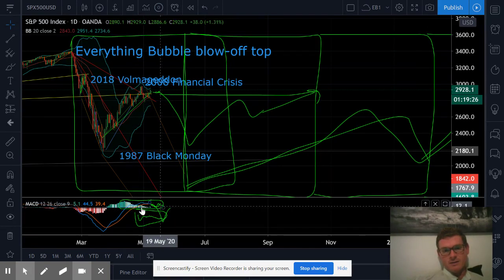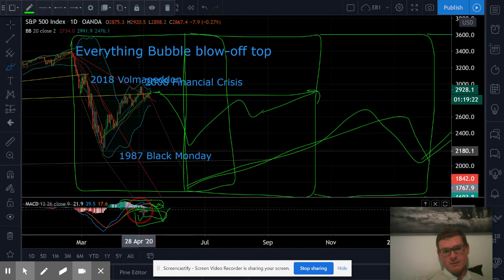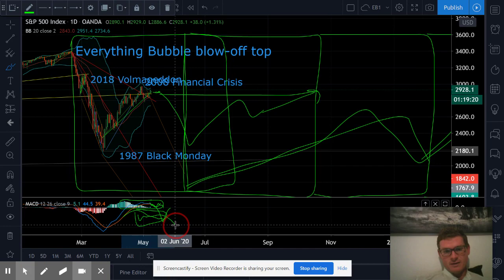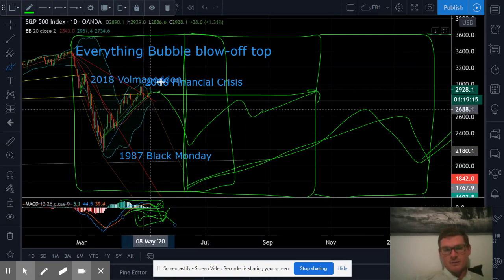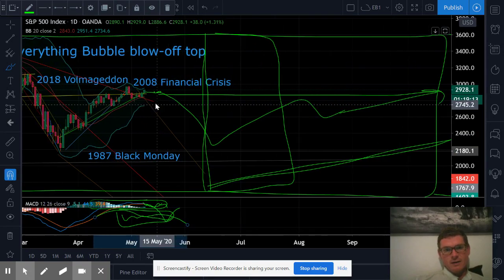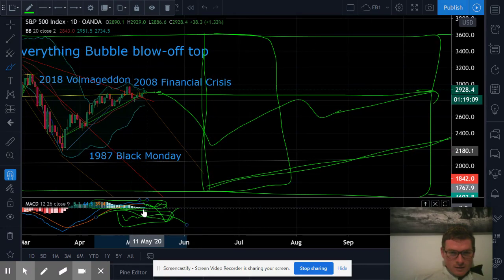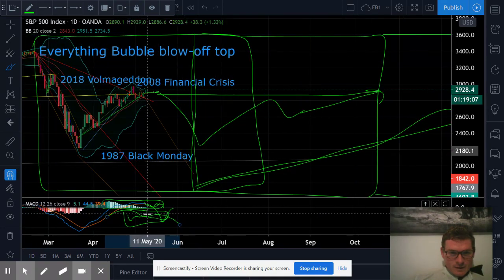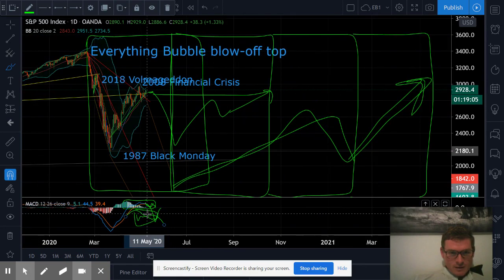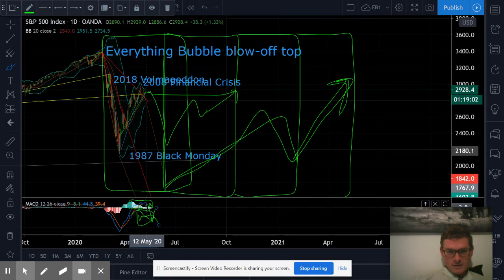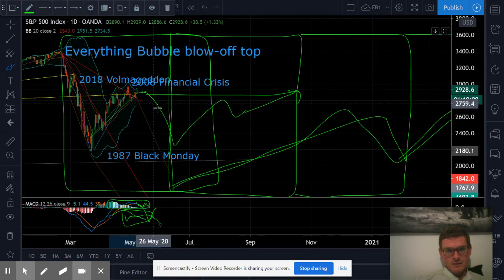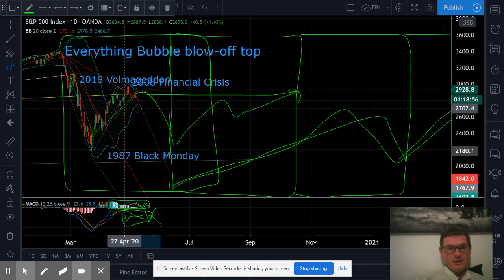We're on the top side of the MACD now. Usually, if you're going to get a big rip, the MACD will turn over down here and you just go down, down, down on the bear side. But we're up here on the bull side of the MACD, and it's just kind of flattening out. I would expect this to go to the red side and get at least a little turn down, even if we do get a bull move.